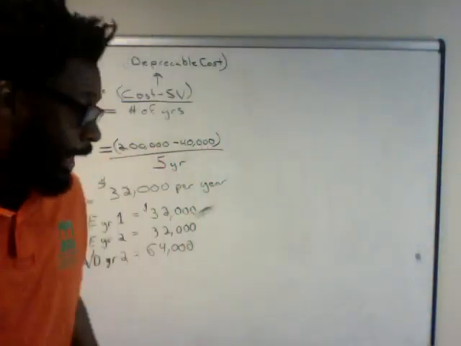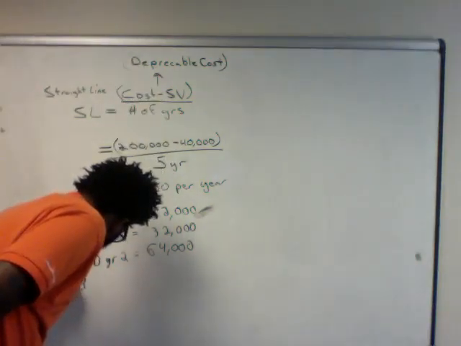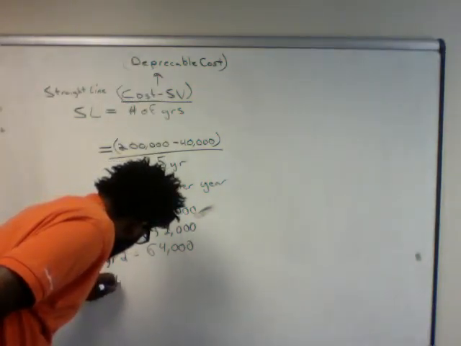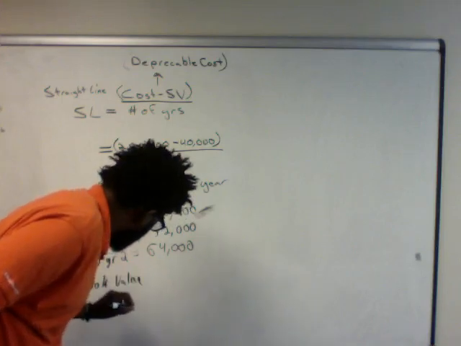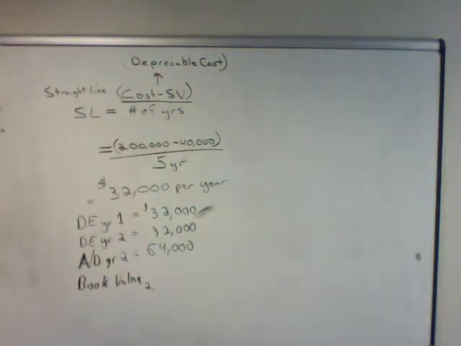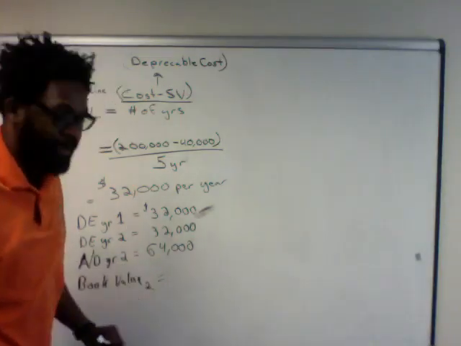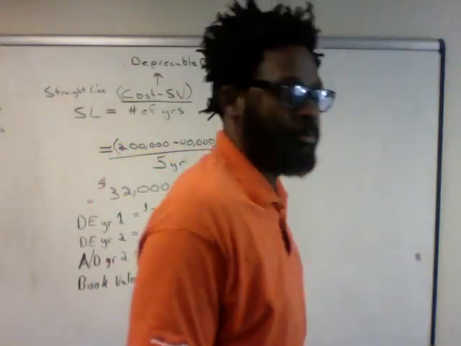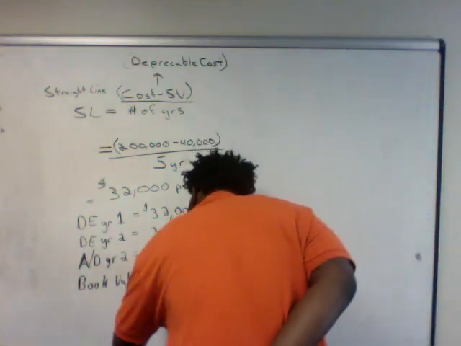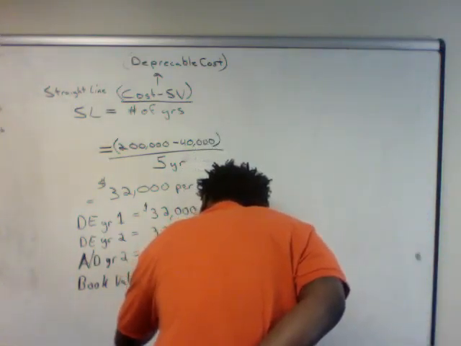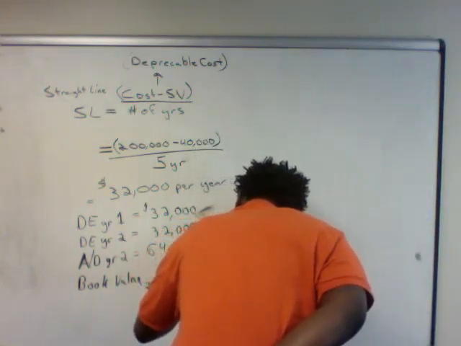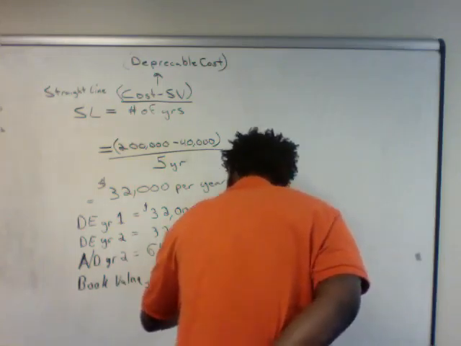Moving forward, I could always also ask you, what is the book value for year 2? Now, I've just given you the formula for book value. The formula for book value is always cost minus accumulated depreciation.